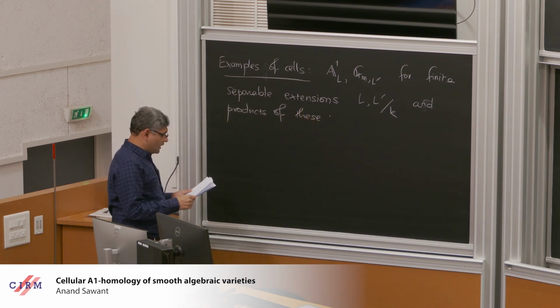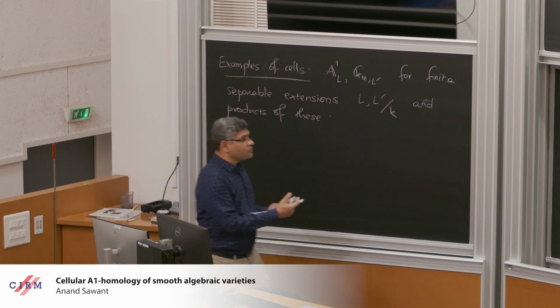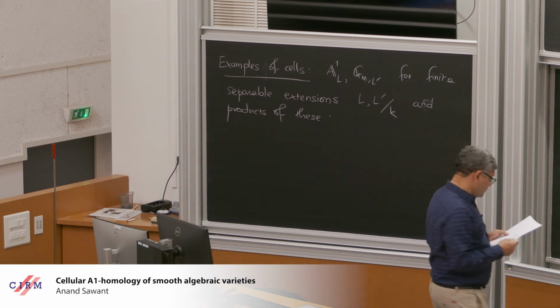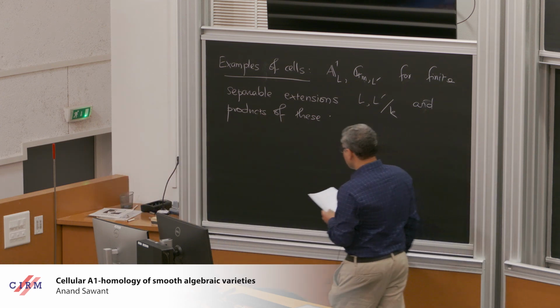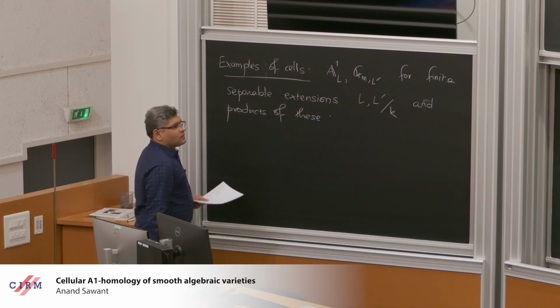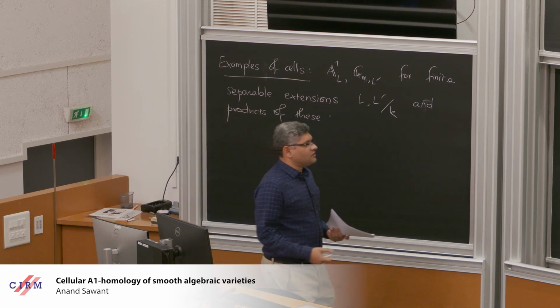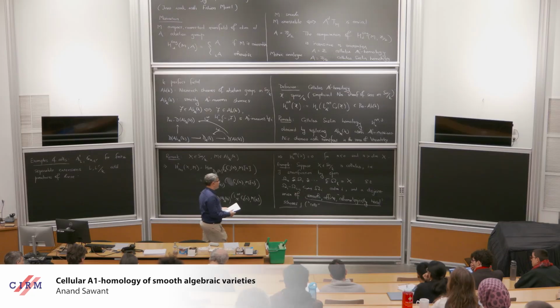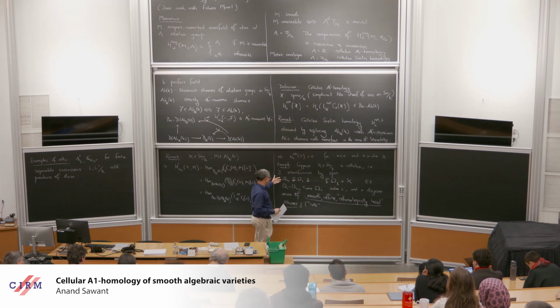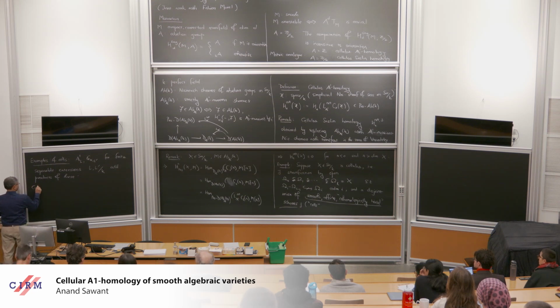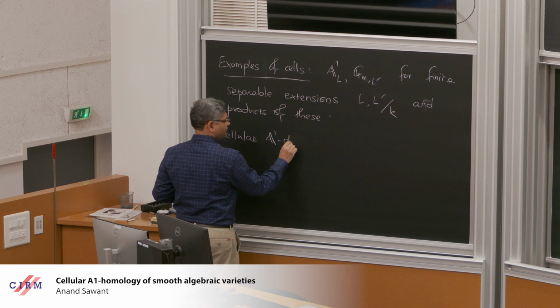Okay, so now in this kind of situation, you can write down an easier cellular complex associated with this stratification, and this is what we called the cellular A1 chain complex in our previous work.